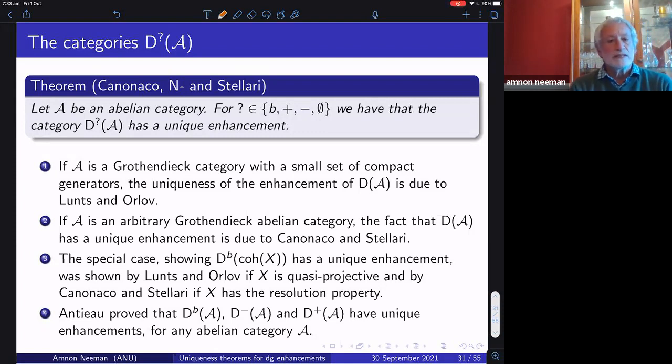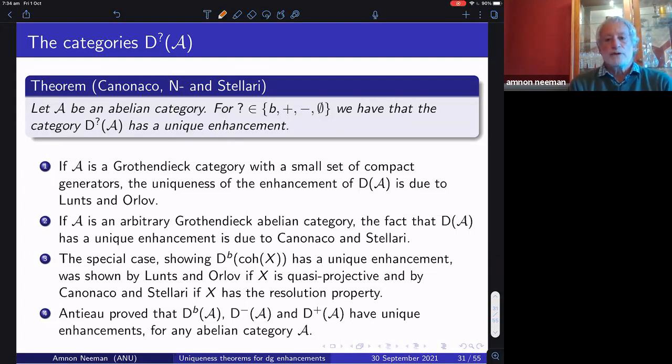So the first theorem says that if A is any abelian category, then the derived category of A has a unique enhancement, where the derived category could come with any boundedness hypothesis. So it's either the bounded above, the bounded below, or the unbounded derived category. All four of them have unique enhancements.